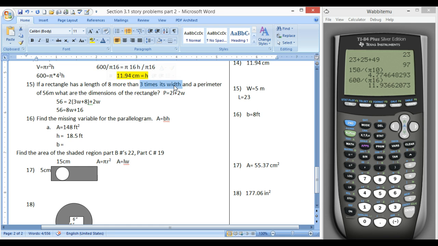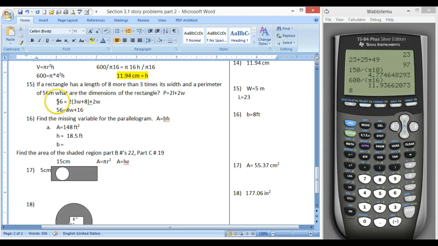No. So I'm going to use a variable to replace width. In this case, I'm going to use W just to keep it separate. So 3 times its width is 3W. Now plus 2W. I don't have anything to translate for the 2W because everything's in terms of W, and therefore I'm good right there.